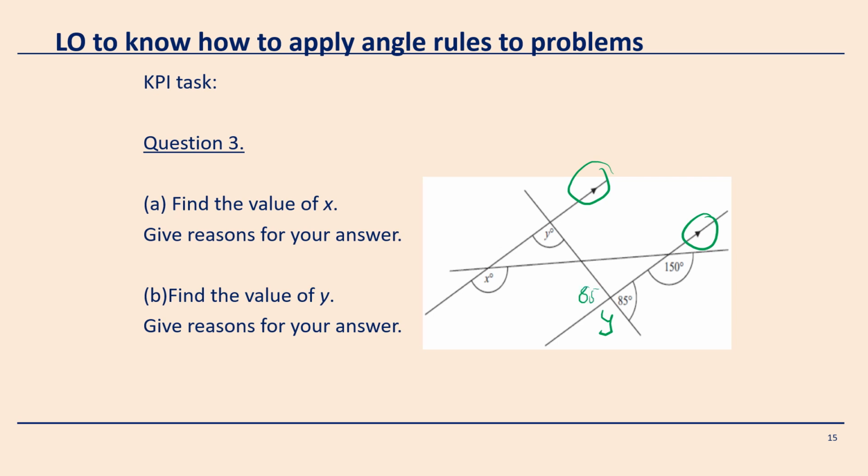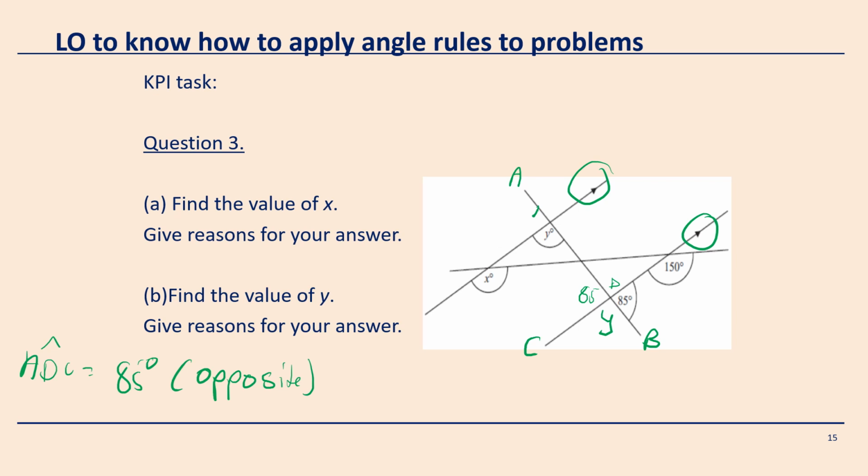Okay, we kind of need to put some labels on them, alright? So we'll call this point A, and we'll call this point B, and we'll call this point C, and we'll call this point D. So ADC equals 85 degrees, they're opposite.